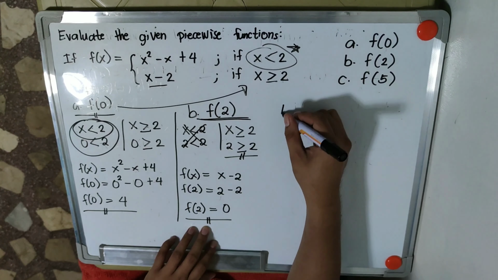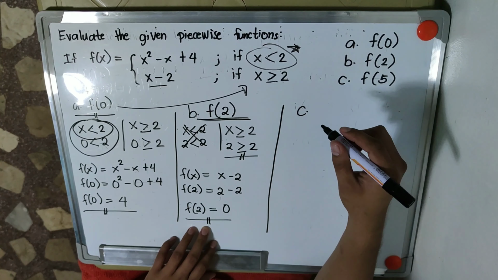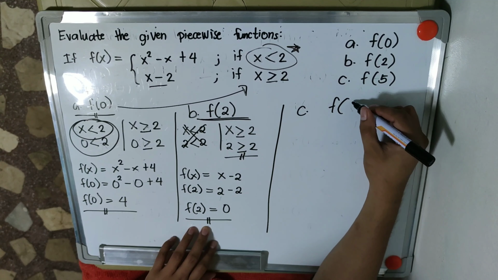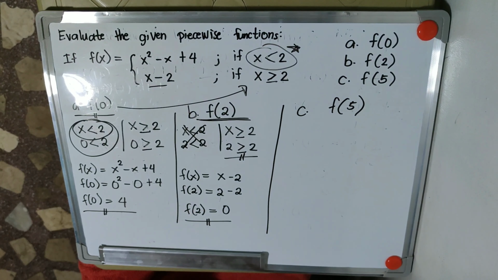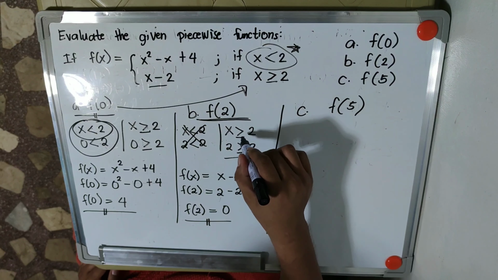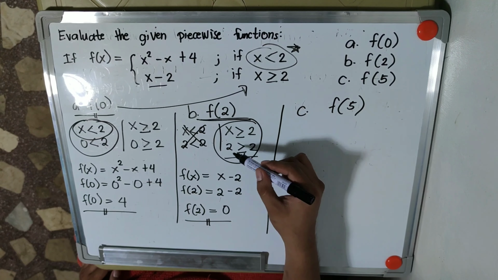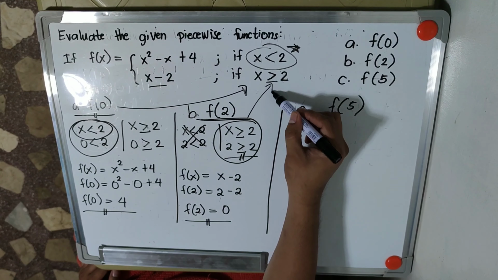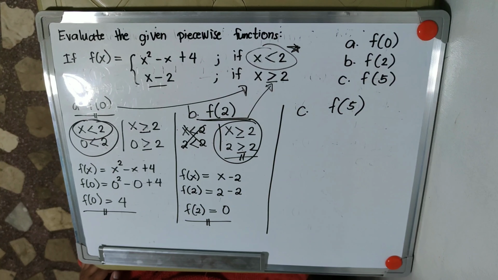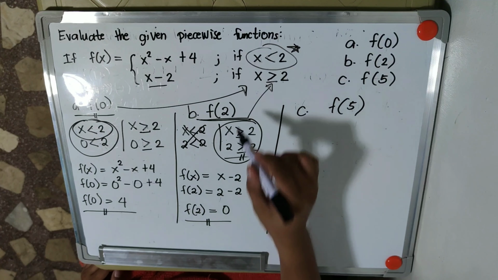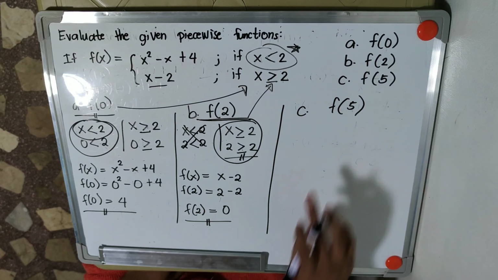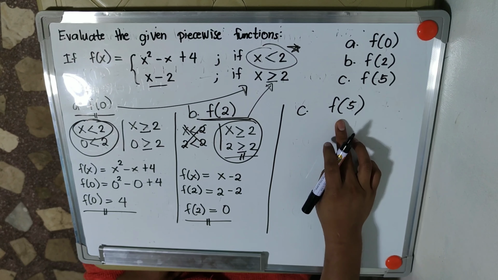That's it. For letter C, yan, ano yung C natin? F of 5. Again, ano yung condition ginagamit natin? Ito siya. Next, sa C. For letter C, F of 5.